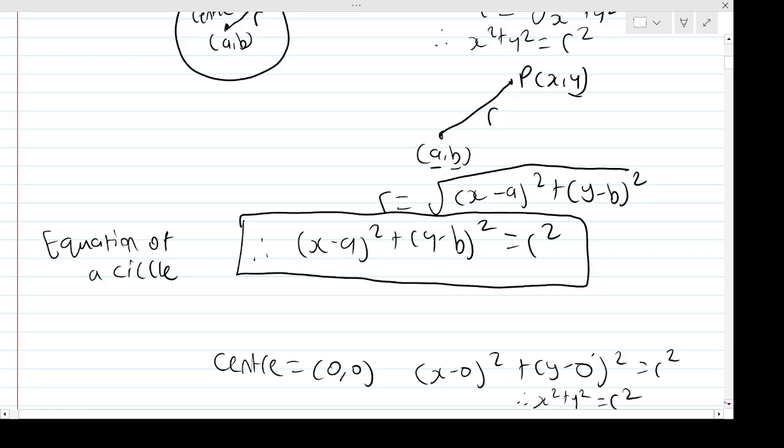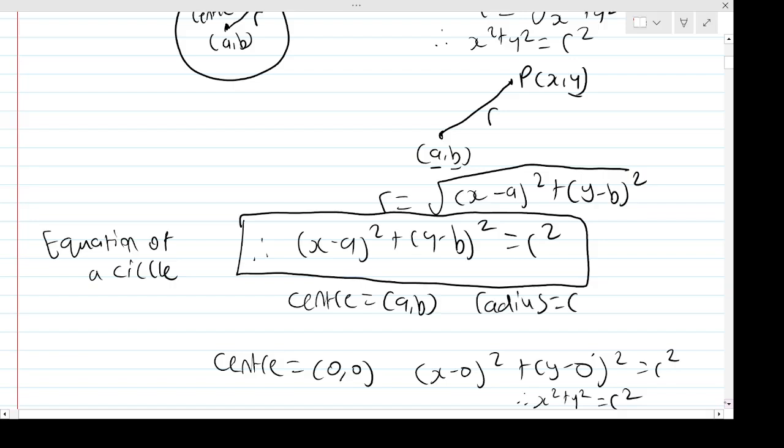So we get back that formula that we know and love. And with this formula, we would say that the centre is (a, b) again. I'll just note the centre was (a, b) there as an example, but (a, b) could be anything, right? And the radius is r.